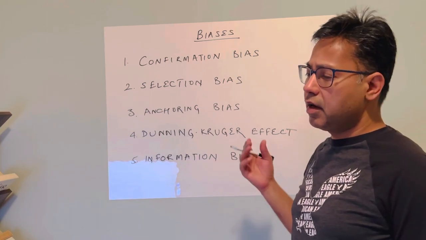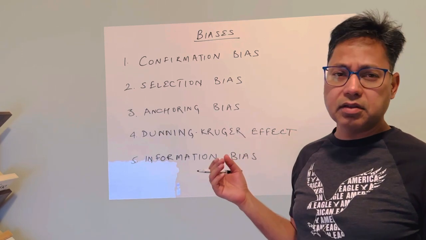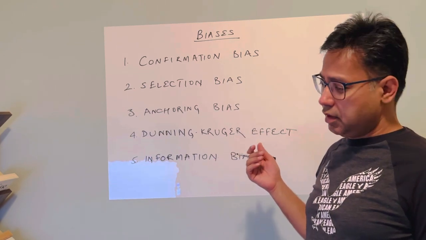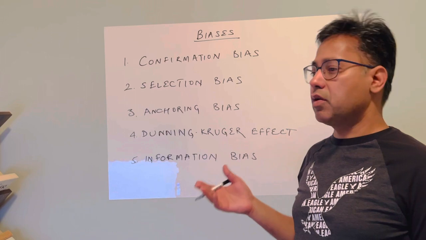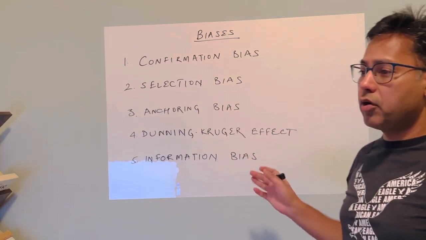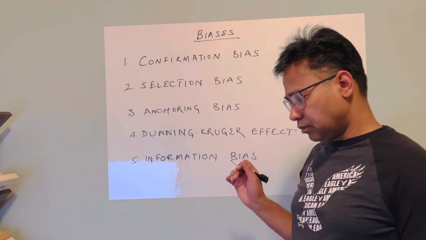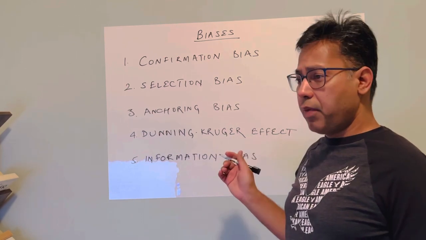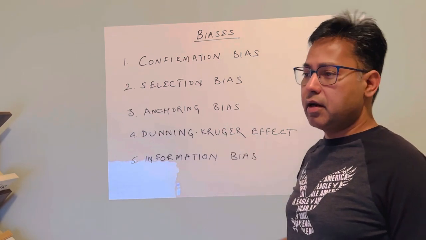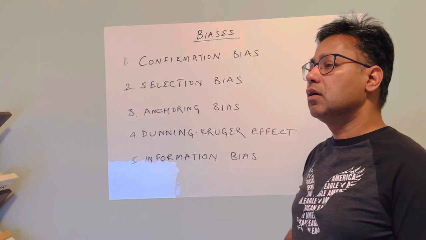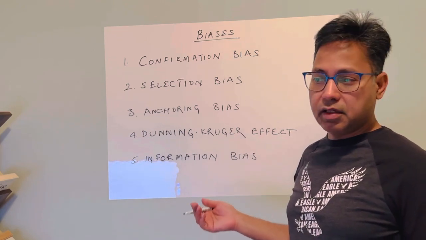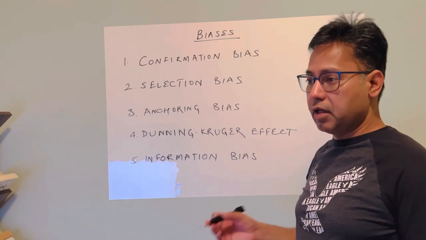We are trying to only find information that confirms what we already know. So it's very important to be aware of this one, as it may impact our understanding of the information we are reading, listening to, or communicating.